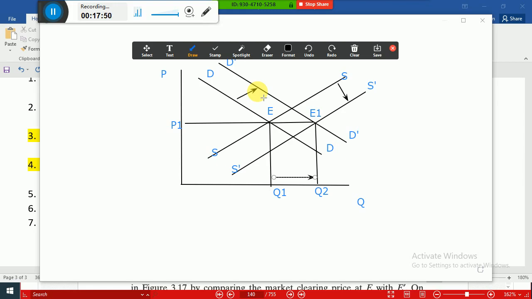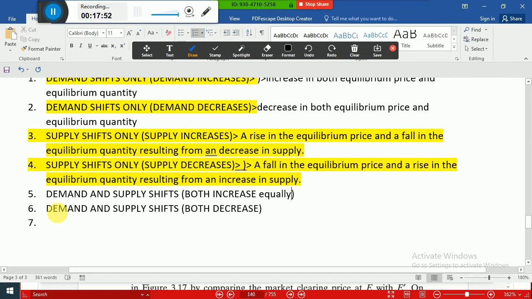Now we will discuss the next case, and the next case is demand and supply shifts, and now we will assume there is a decrease in both demand and supply and this decrease is equal this time too.